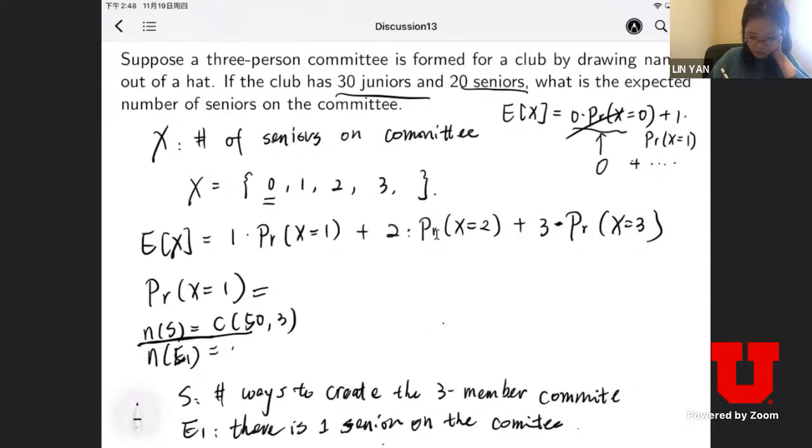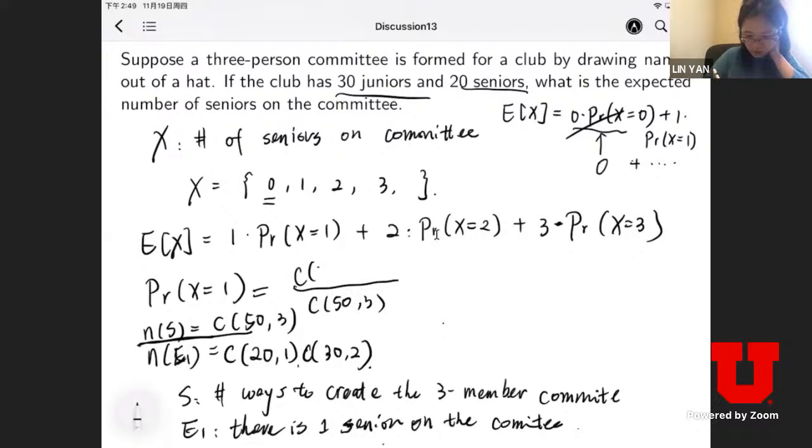Yeah, so we can choose one from 20 seniors and then the other two should be 30 choose 2. So PR is equal to 20 choose 1 times 30 choose 2 over 15 choose 3.